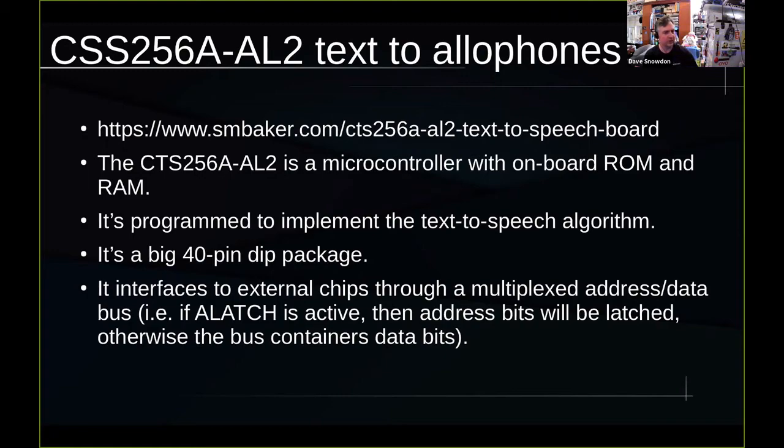He's got a board that he's built that does this, and it's basically a microcontroller that uses some fairly simple algorithm, I think, as sort of heuristics to work out, okay, for this sound, it's probably this allophone. And that seems to give reasonable results. I don't have one of these chips. They seem to be kind of hard to get, so I've not tried to replicate that.